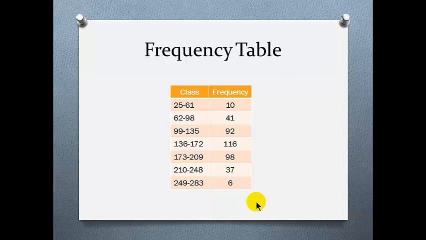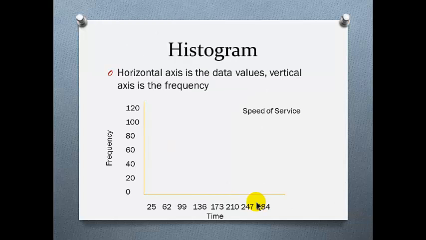We're going to convert this frequency distribution into a histogram. So for the histogram, the horizontal axis has to represent our data values. And notice the numbers I put on the horizontal axis are the starting points of each bin. 25 plus 37 is 62, plus 37 is 99, plus 37 is 136.